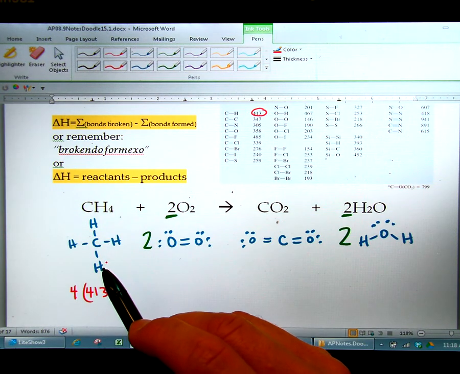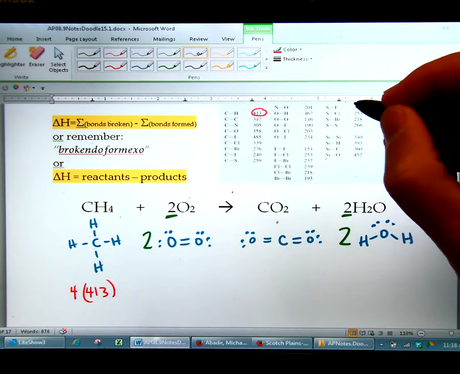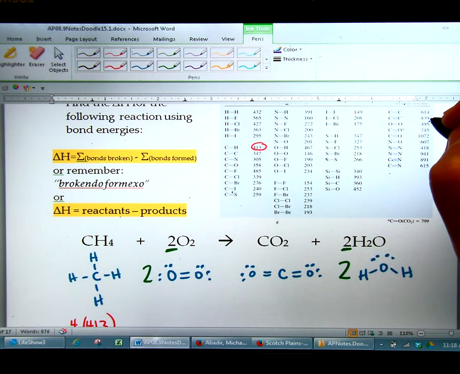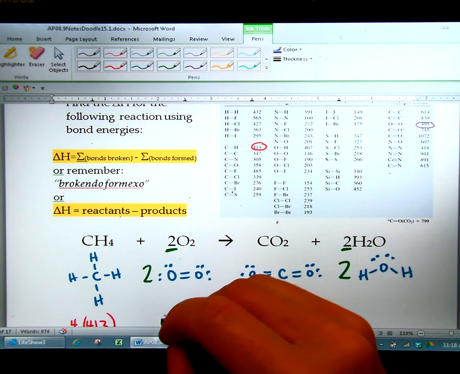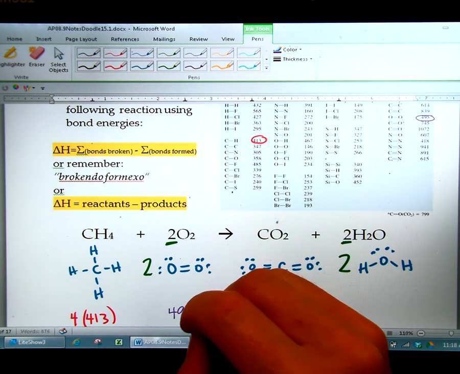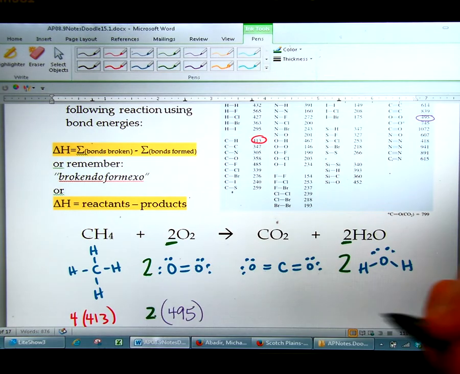Then we're going to look for the O double bond, and that bond right here is going to be, on this part of it, 495. So we're going to have 495 kilojoules for that one, but remember, there are 2 of them in the equation, so you have to put a 2 in front of there.